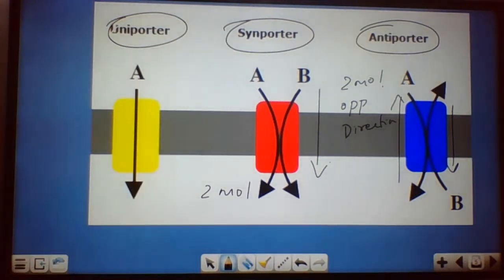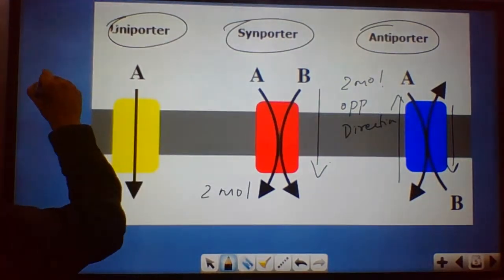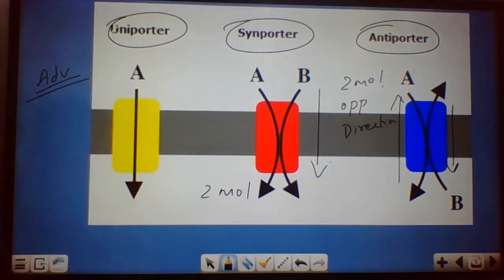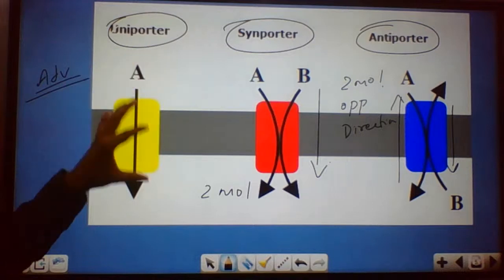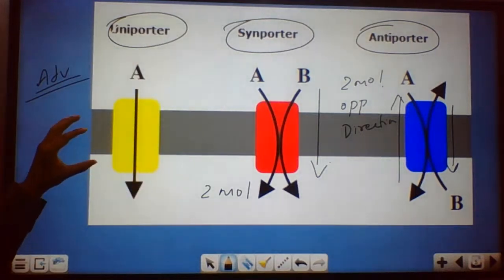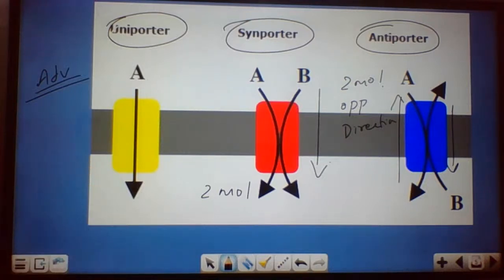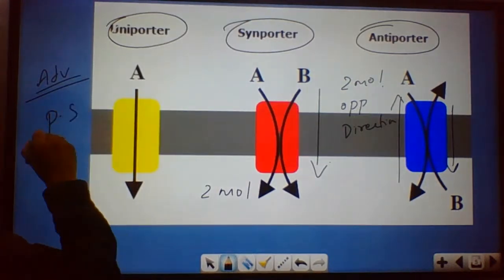What are the advantages of diffusion? It keeps the cell wall moist almost all the time, and it is also responsible for gaseous exchange during photosynthesis.